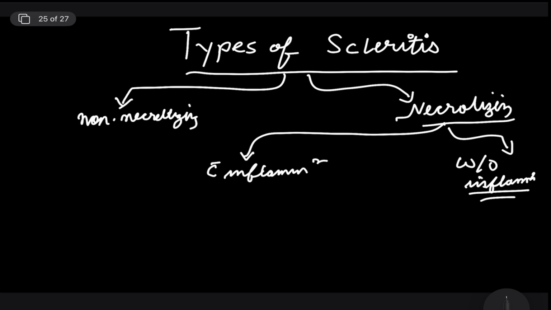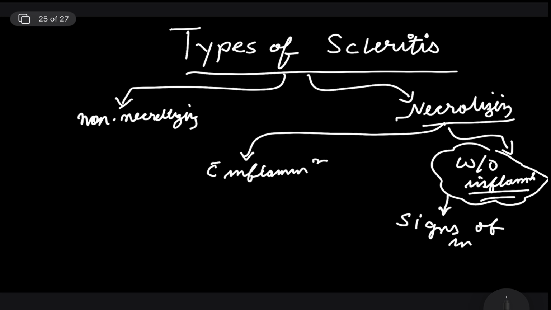Then how can a type of scleritis be without inflammation? That is a question you might be having right now. Very simple. When we say without inflammation, it means that there are no signs of inflammation present. But necrosis is going on. So there is necrosis, but no signs of inflammation.